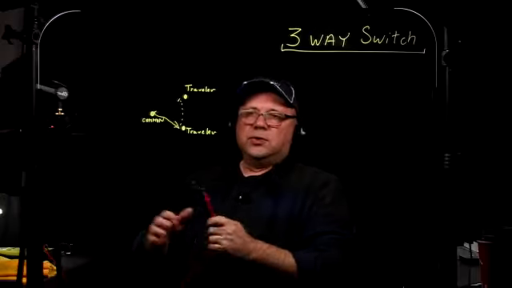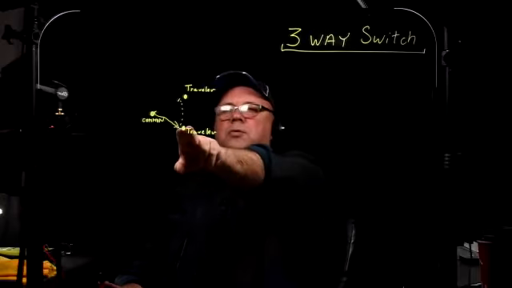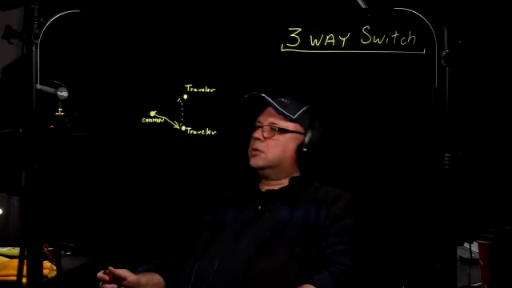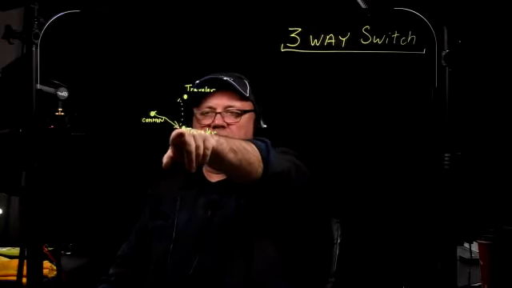All right, so using a continuity meter, how will we find out which one is common and which are the travelers? This is how we would do this. If this is the way that this three-way switch works, then this common terminal is connected to either this traveler or that traveler.